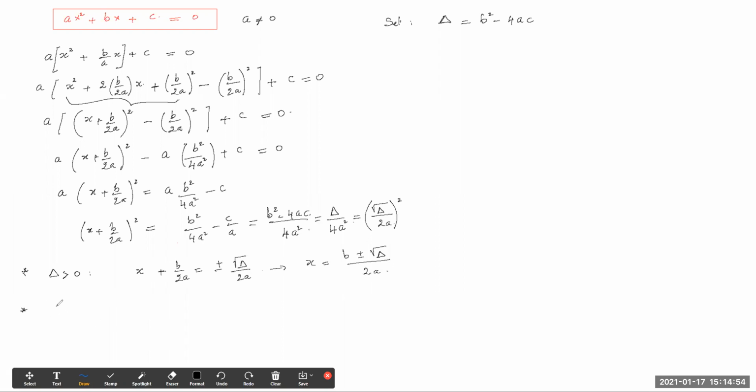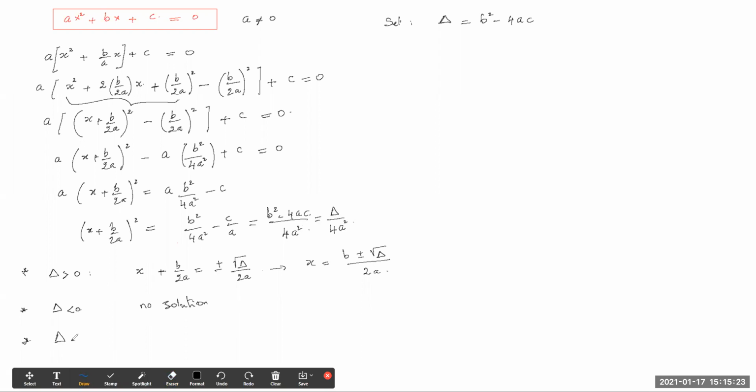This writing is correct when we have a delta positive. When my delta is negative, it's clear that I have no solution. We cannot have a square quantity that is positive or equal to 0 equal to a quantity that is strictly negative. So no solution.